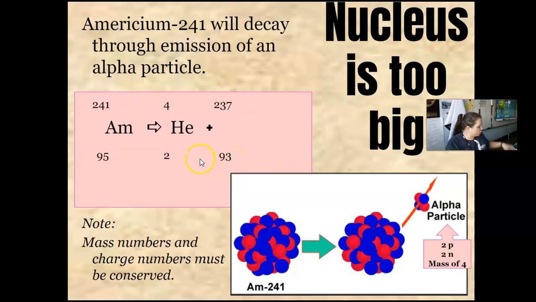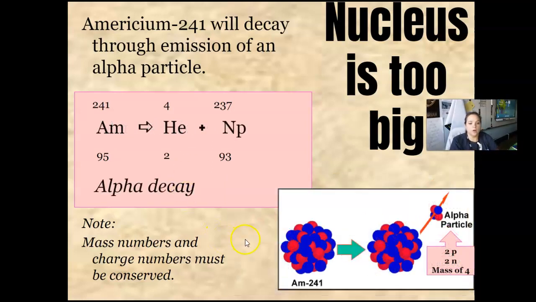Now all I have to do is look up on my periodic table, what is 93? Where's my 93? 93 is right there. So there's my 93. And this is alpha decay. All right? So this, because it's so big, is just going to shoot off an alpha particle.